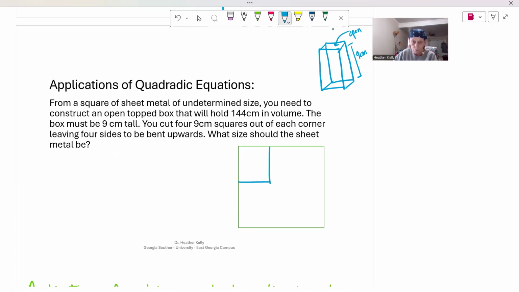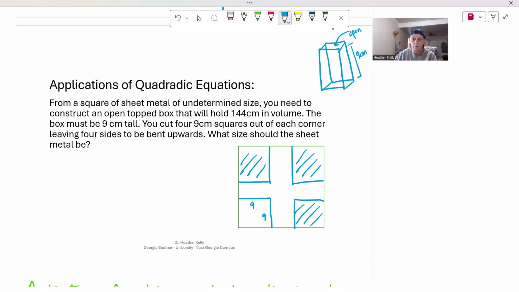So I'm going to draw a picture of what I think it's going to look like. Remember, it doesn't have to be to scale, but a picture definitely helps your brain think about it. So these are 9 inches. We're going to take all these out.